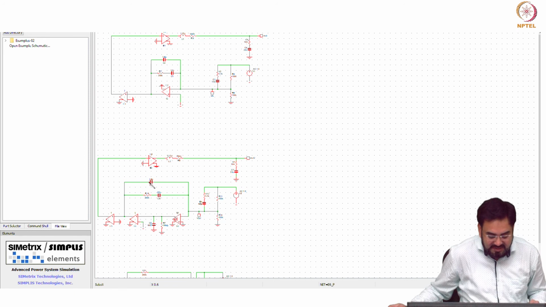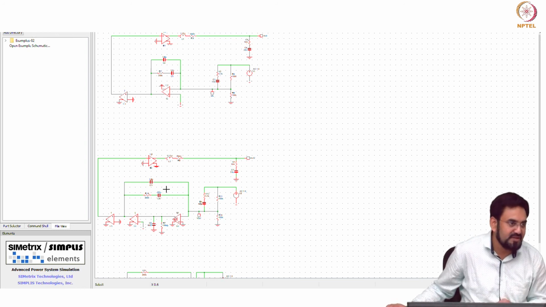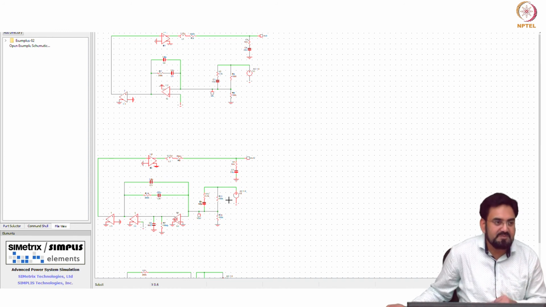You might think that, okay, let's try to move this pole to a much higher frequency, or just get rid of this to get a better phase margin, because they will cause some drop in the phase margin, maybe 5 degree to 10 degree. So if you try to get rid of this just to increase the phase margin, you have to be a bit careful that you may have that resonance and it may cause some kind of instability in your loop.